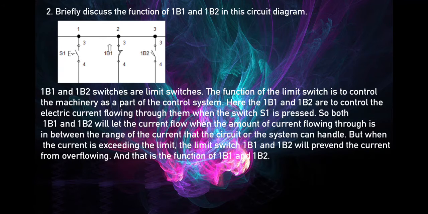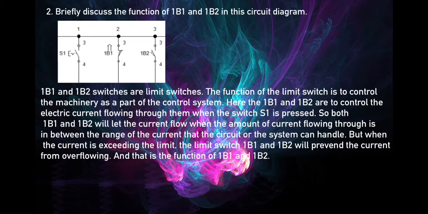Observation number 2. Briefly discuss the function of 1B1 and 1B2 in the circuit diagram. 1B1 and 1B2 are limit switches. The function of a limit switch is to control the machinery as a part of the control system. Here, 1B1 and 1B2 control the electric current flowing through them when switch S1 is pressed.